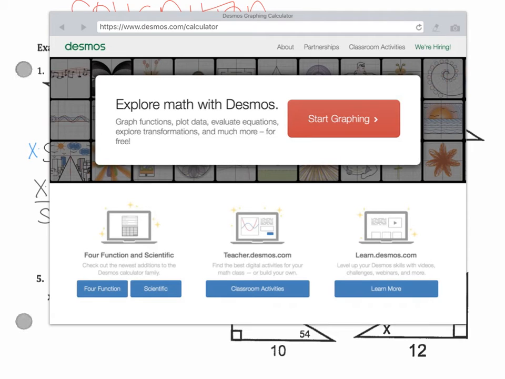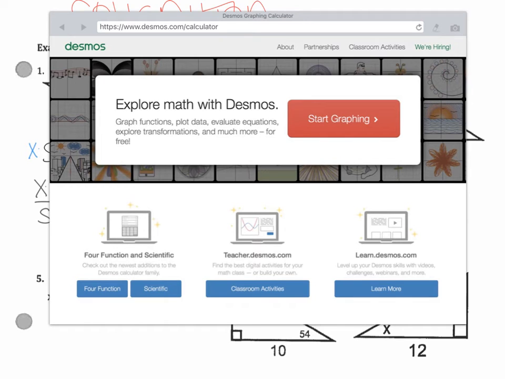Notice I have sine, cosine, and tangent all right there. Okay? But in order to use these, I have to make sure it's in degree mode first. I'm going to hit this wrench up here, and I'm going to put it in the degree mode first, and then I'm going to come back over here, and now I'm going to type 12 divided by sine of 40.